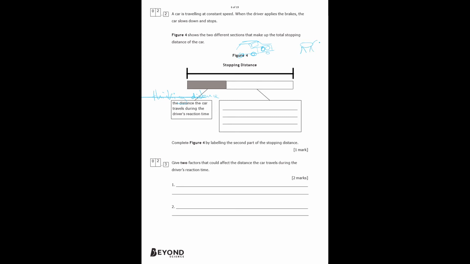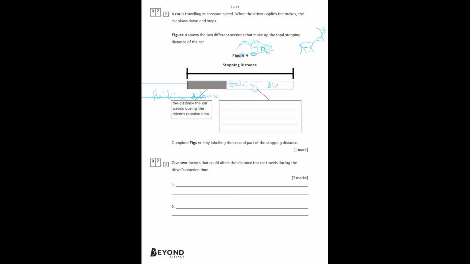If I've drawn a bad car, I've drawn even worse deer. When the driver sees that deer, first of all, they have to react. That might take in between 0.2 and 0.9 seconds, depending on your reaction time. After they react, they hit the brakes. And that's this section here, which we call the braking distance.